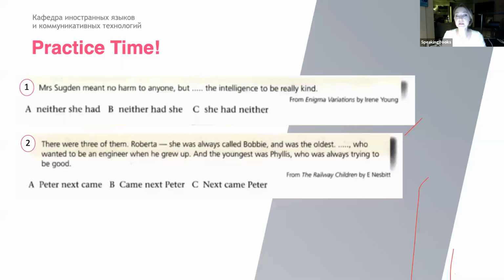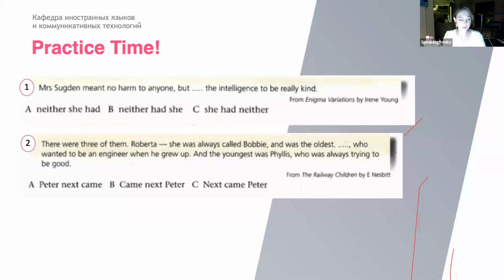Next came Peter. This is the second type of inversion. By the way, what do we put in sentence 2 before the main verb, or before the subject? What goes before the subject in the phrase, next came Peter?